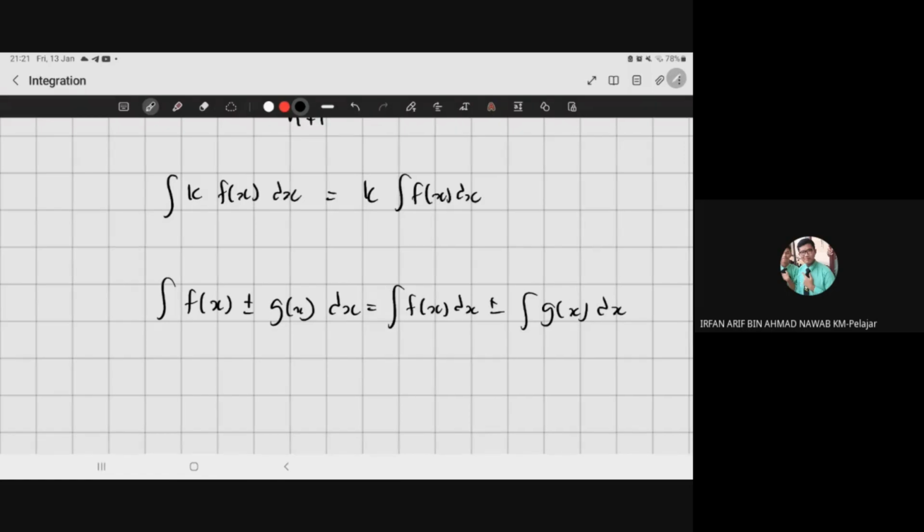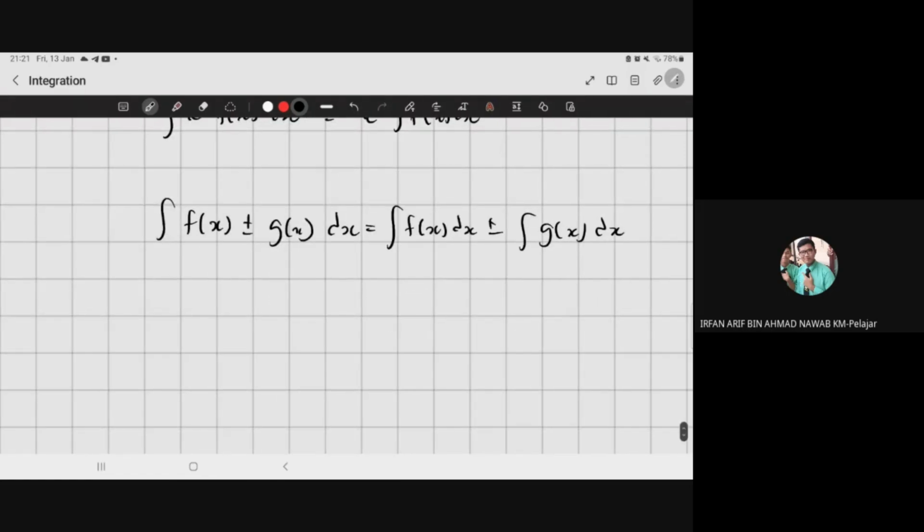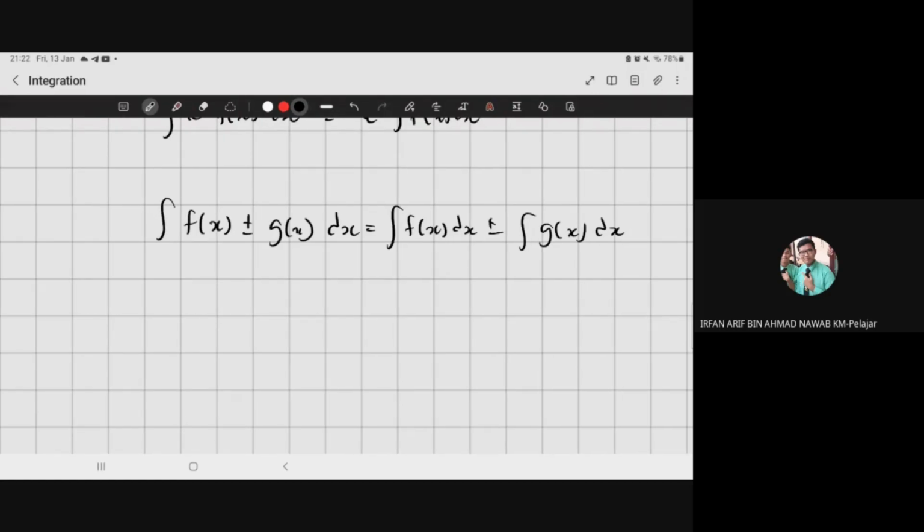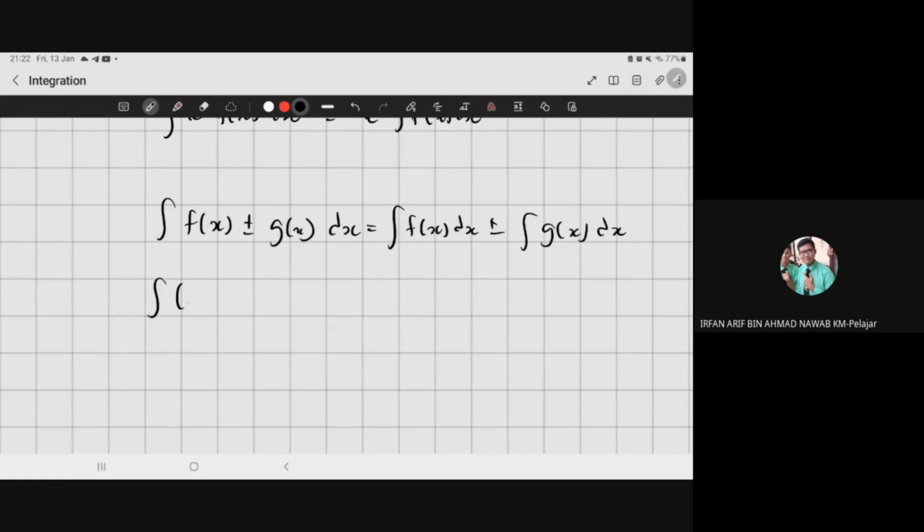And then another one is a binomial. When you integrate a binomial with a power of n, where n cannot be -1, then we will get (ax plus b) to the power of n plus 1, divided by (n plus 1) times a.